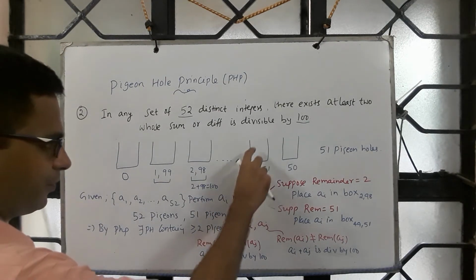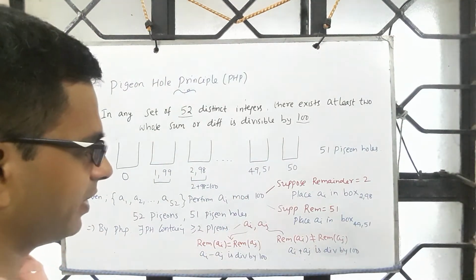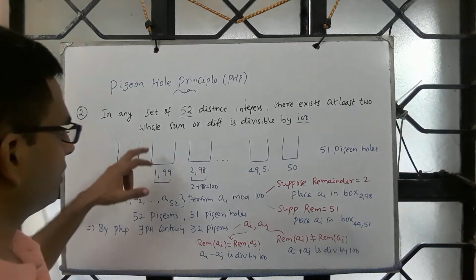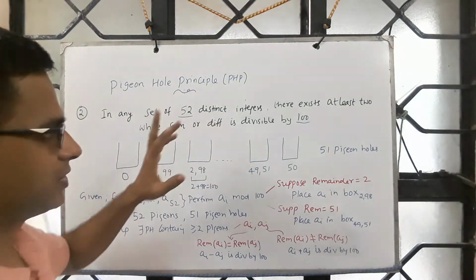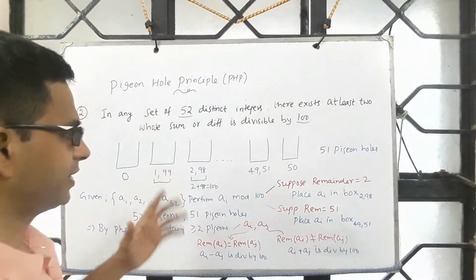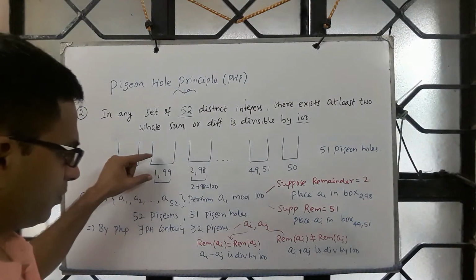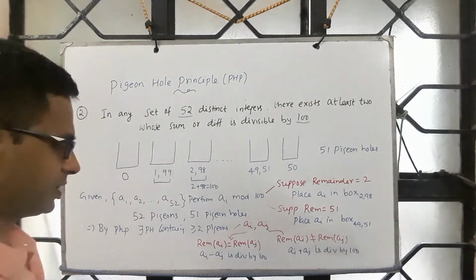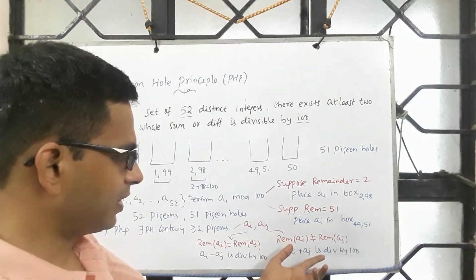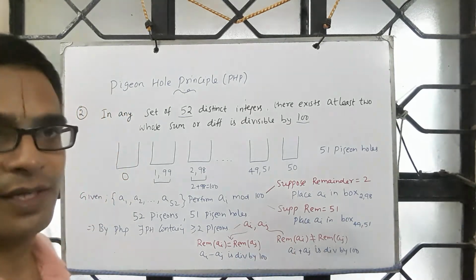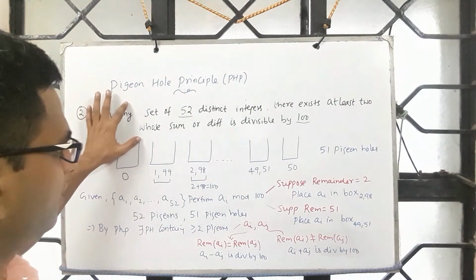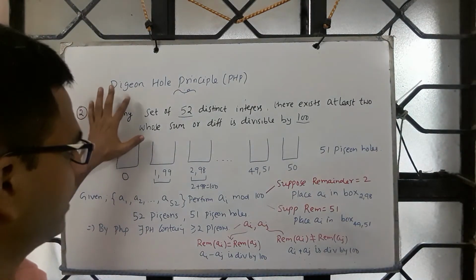Both are here, if you add them, the sum is divisible by 100. Correct? So it says either sum or difference is divisible by 100. So for each of this, you get to see that if for both remainder is same, AI minus AJ is divisible by 100. Standard scheme. And if they are different, then their sum is divisible by 100. Correct?